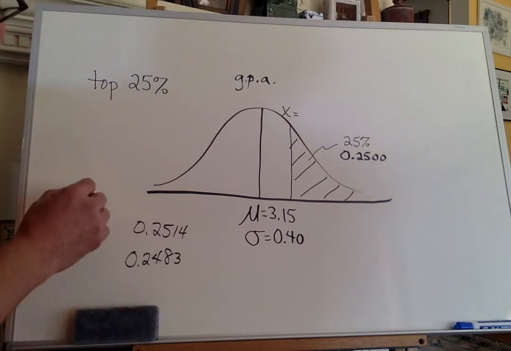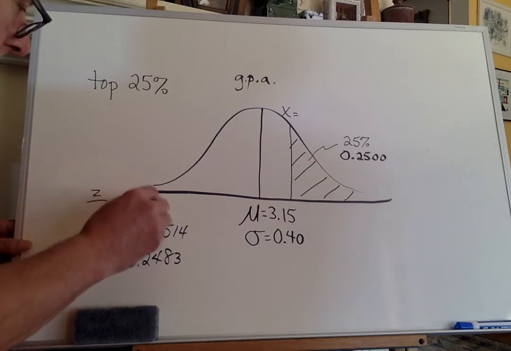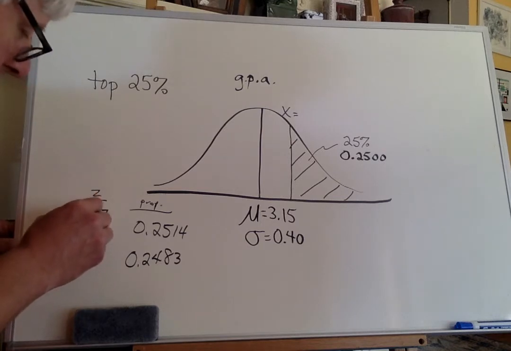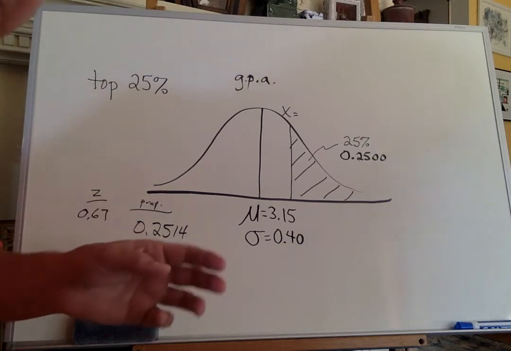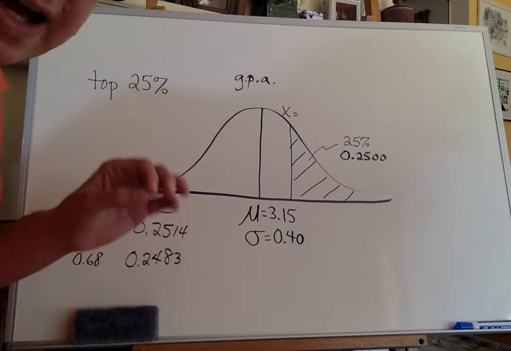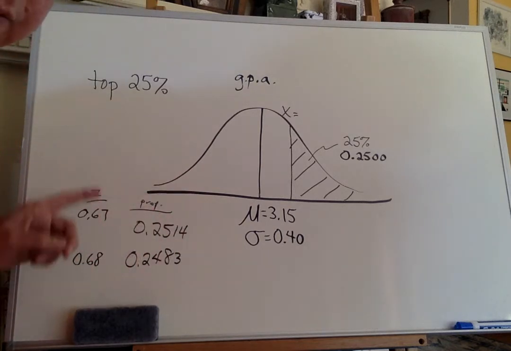Yeah, I could. I mean, let me go back. Here's a z-score. Here's the proportion. Z-score here is 0.67. Z-score here is 0.68. I could actually, if I was a stickler for that exact 25%, guess what I could do here? Yeah, you guessed it.